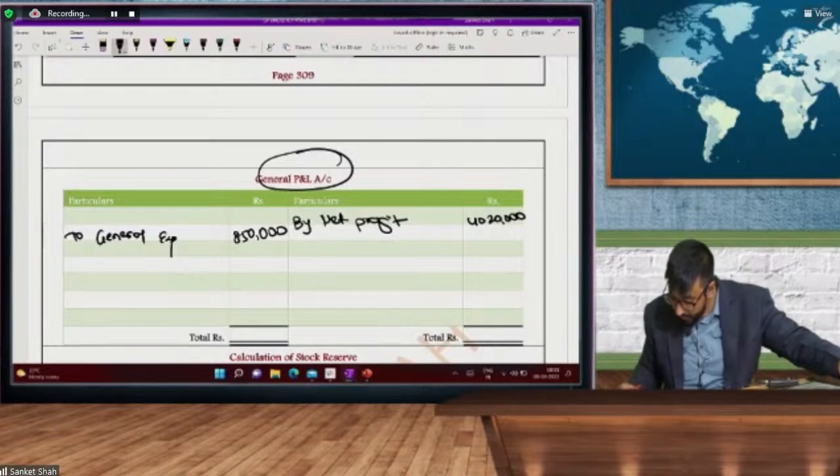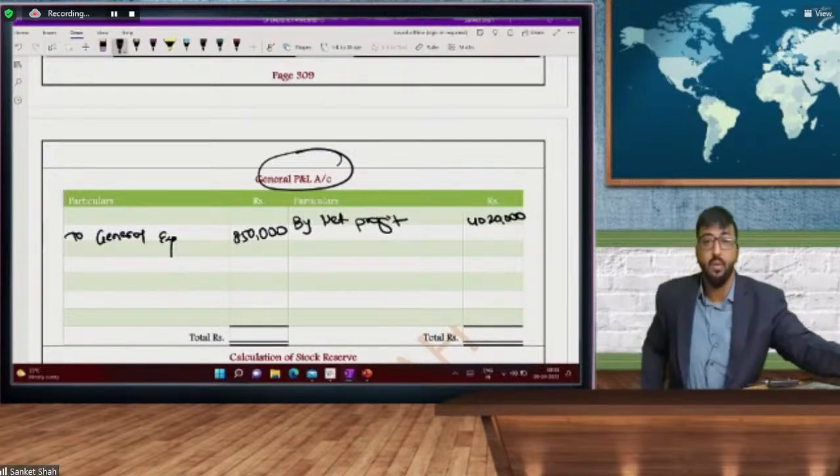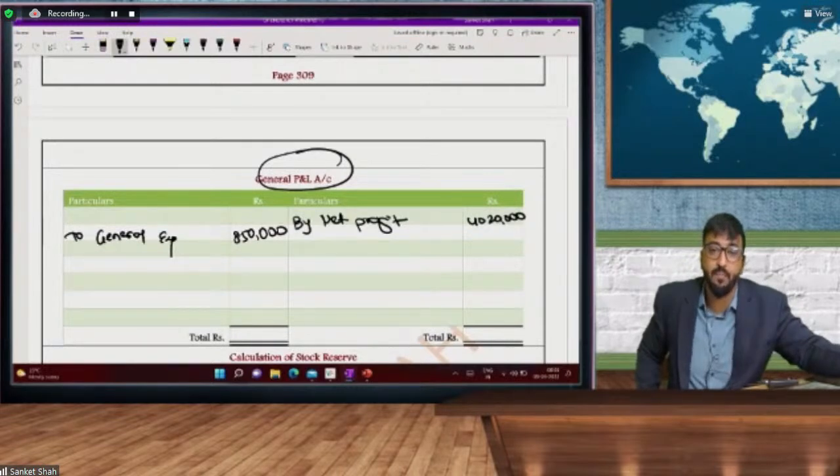Anu Gupta ji is asking, sir, why are we not considering internal transfer? Yes beta, in the last session also I explained it, but understand it.